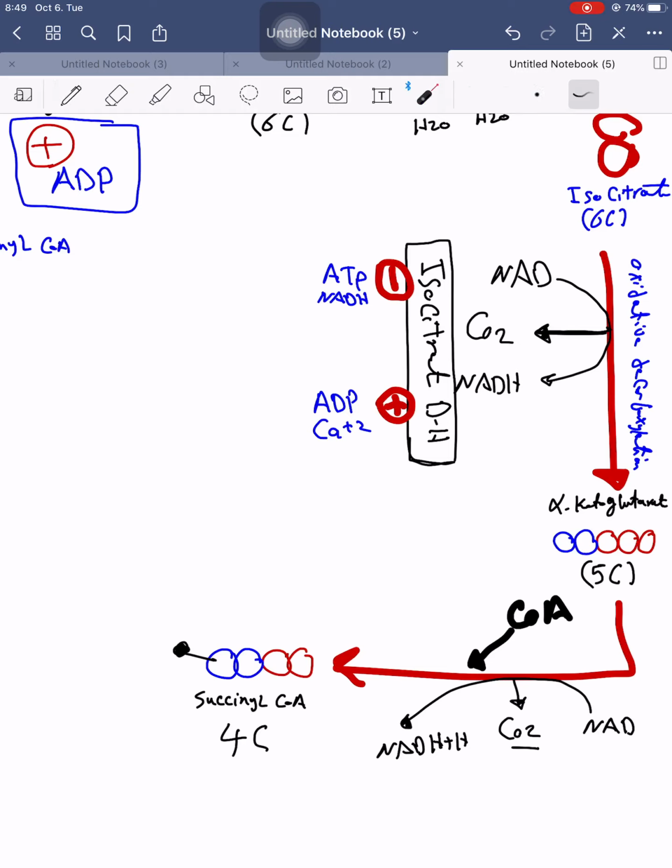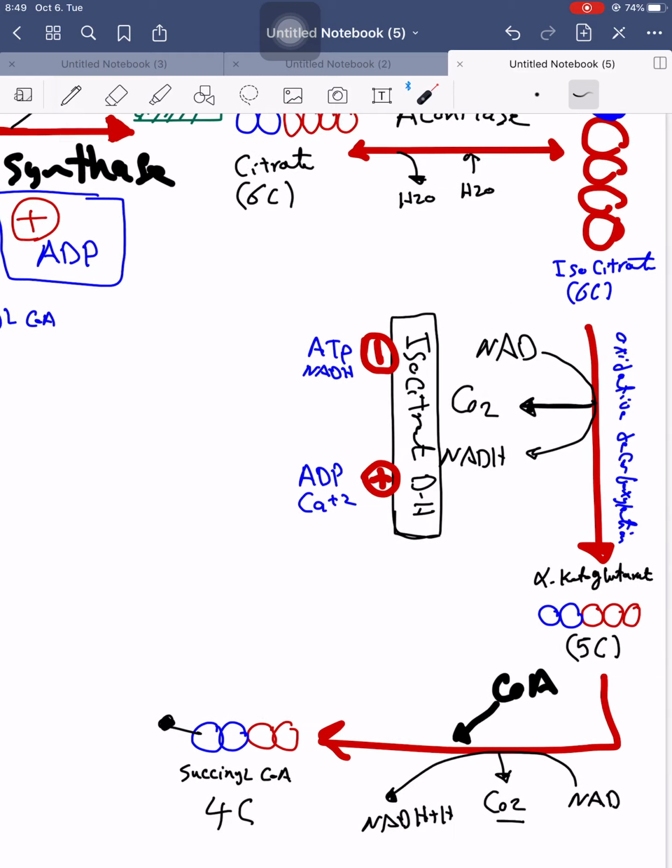I'm using different expressions because these are the questions. So alpha ketoglutarate is oxidized to succinyl coenzyme A. What kind of oxidation? By dehydrogenation and also decarboxylation. So I'm producing CO2 and NADH and I add the coenzyme A.